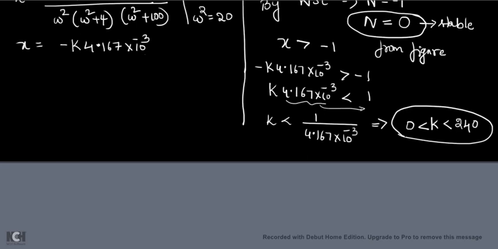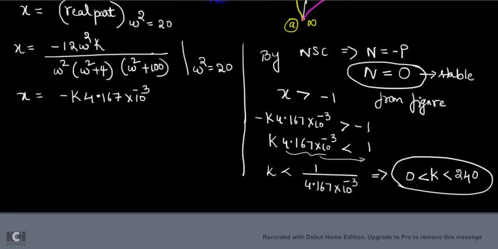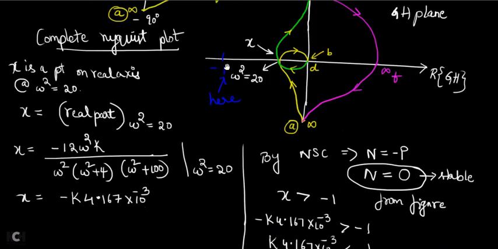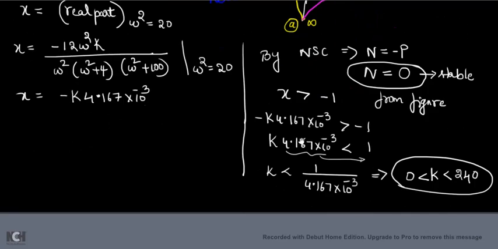In the question they asked to find the range of K so that the system is stable. The system is stable when N is equal to 0, and N becomes 0 when you take the point x greater than minus 1. So for x greater than minus 1, if you substitute and simplify, you get K greater than 0 and less than 240. This is the range of K for a stable system.